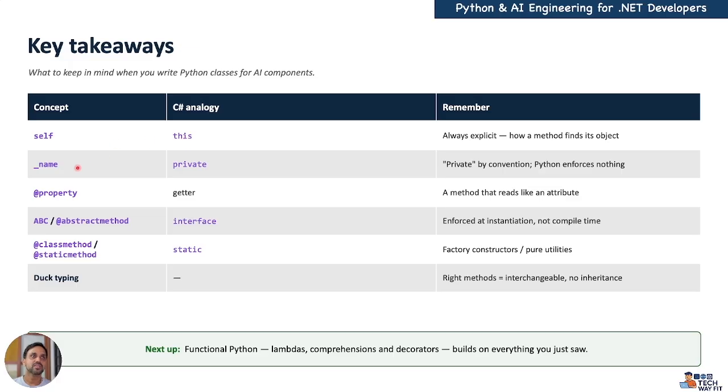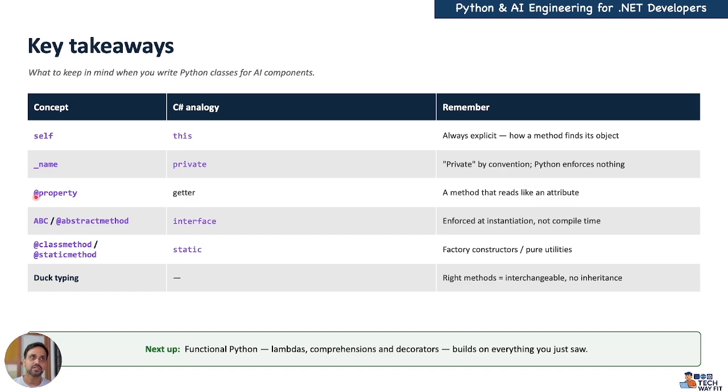Similarly, in Python, we use a convention that any property or method whose name starts with an underscore is considered for internal use, but in C# we use the private specifier, so that we can define a particular method as a private method or a public method.